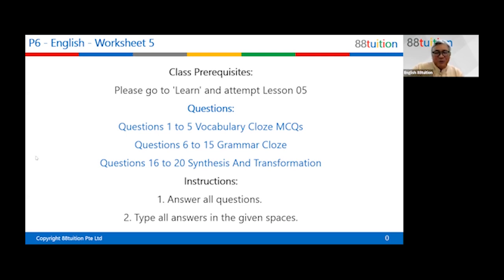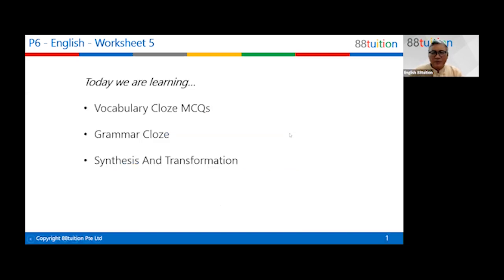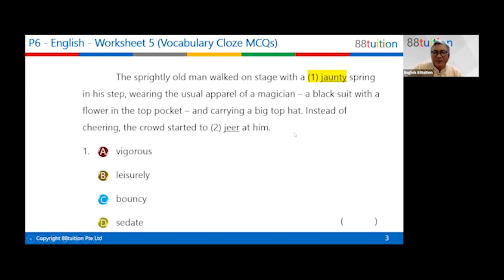So please do raise questions, clarify. So these are the three sections: vocabulary cloze, grammar cloze, synthesis and transformation. So we're ready. Let's try this one, okay?